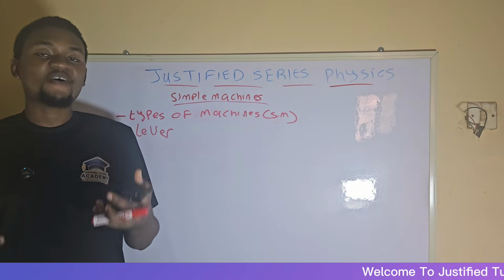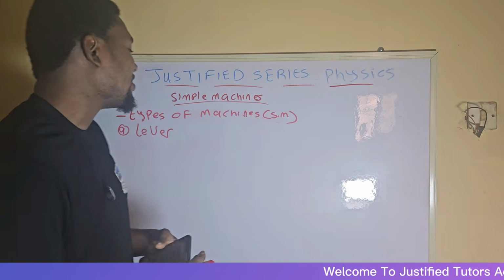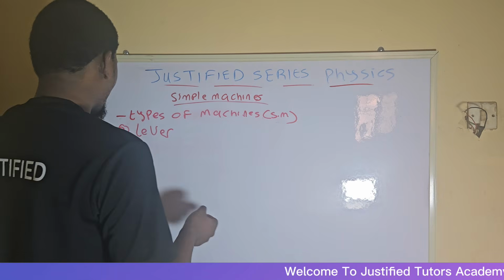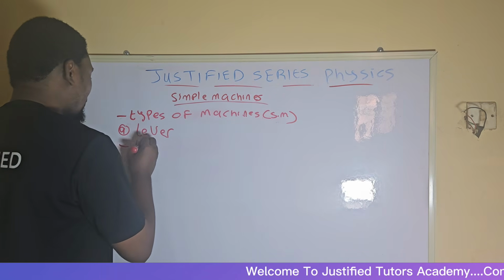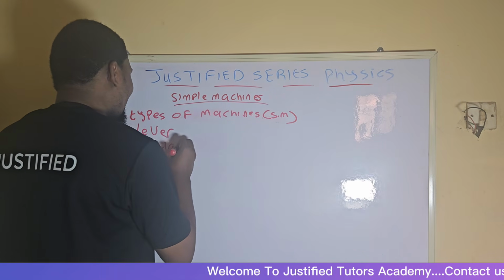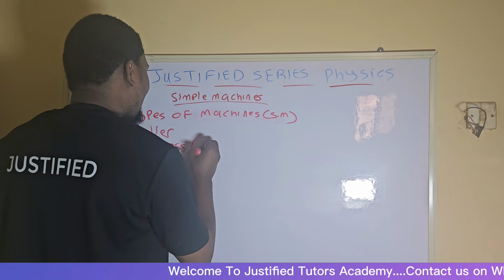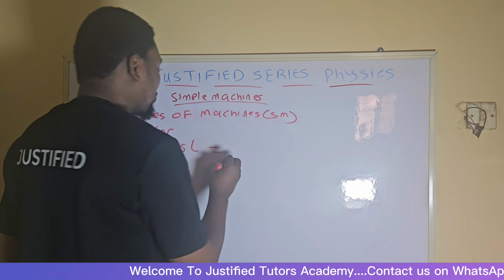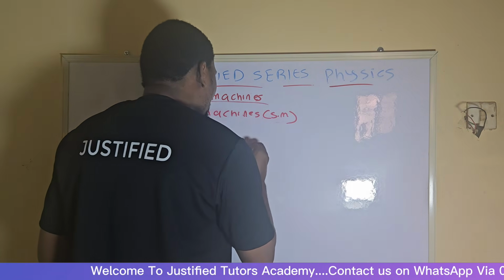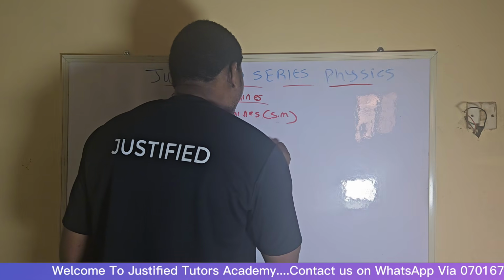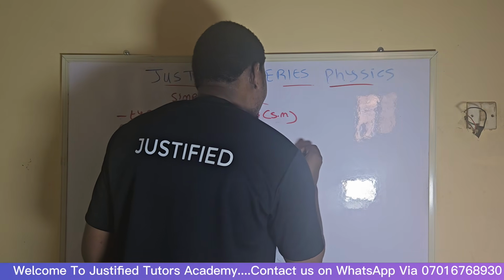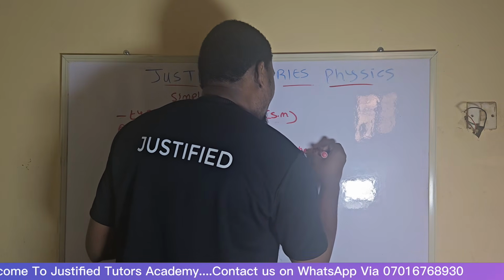Now the first class lever always has its fulcrum at the middle. Let me put it here like this. So the first class lever always has its fulcrum at the middle.